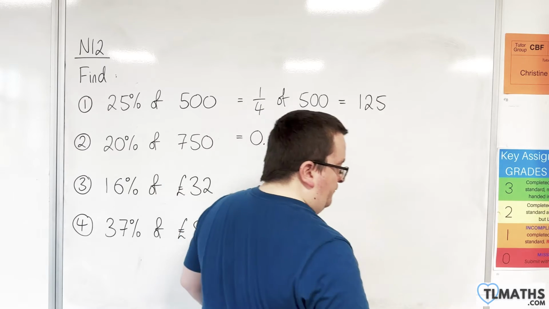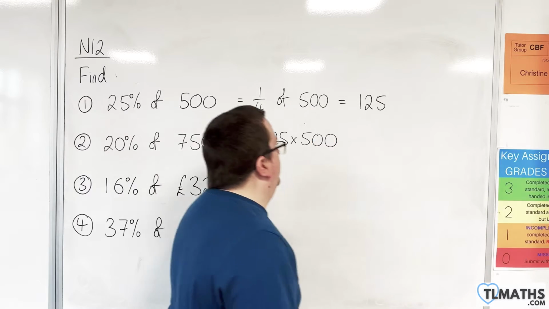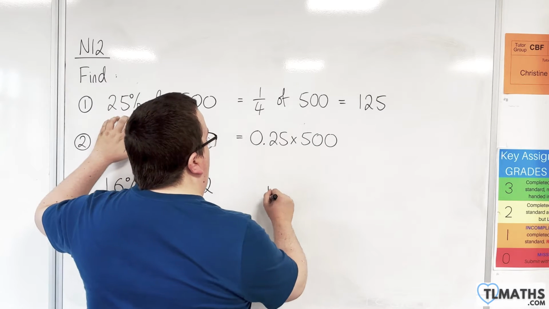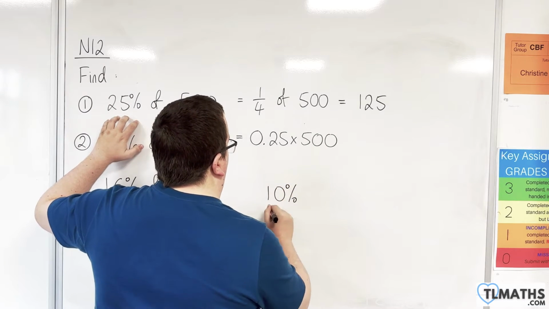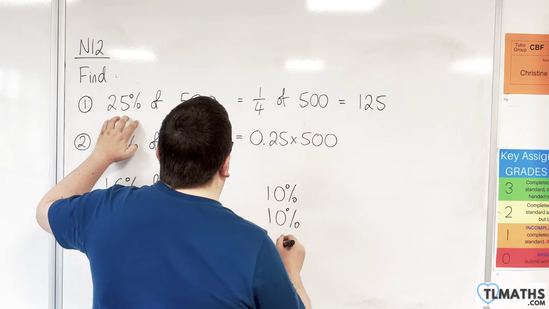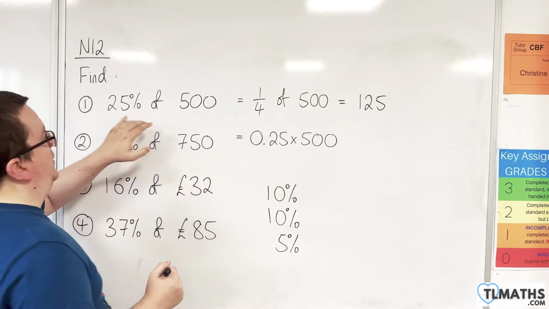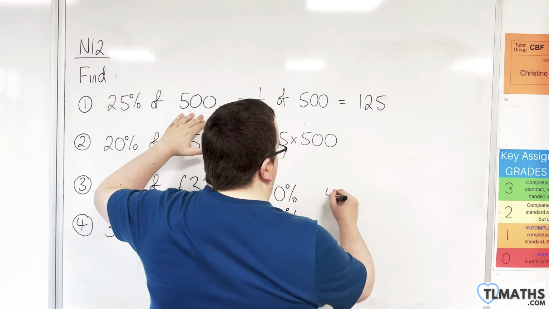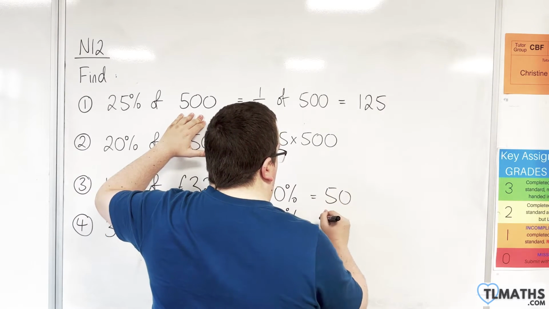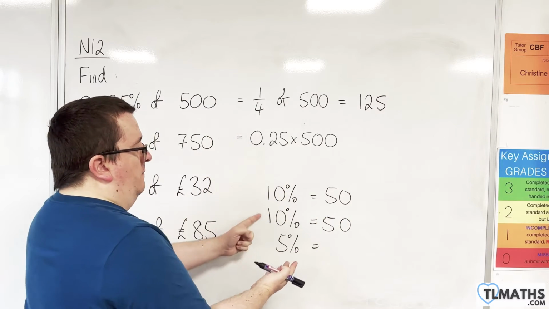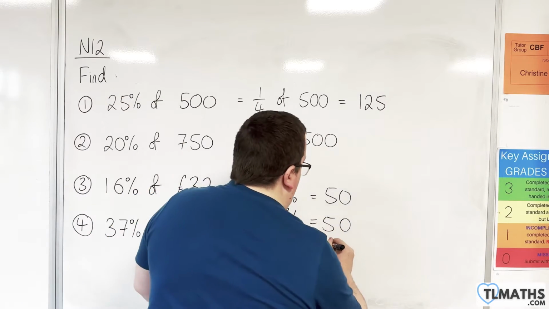Alternatively, you could say, well, 25% is the same thing as 10%, 10%, and 5%. Now, 10% of 500 would be 50. 10% again is 50. 5% is half of 10%, so that'd be 25.